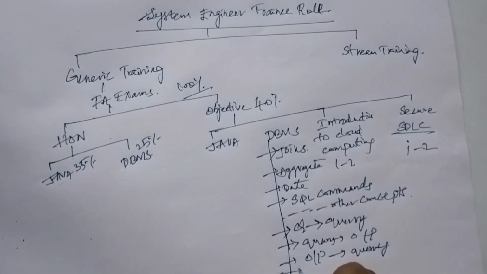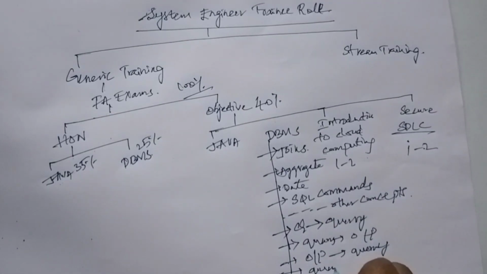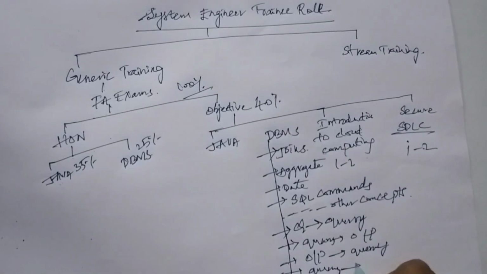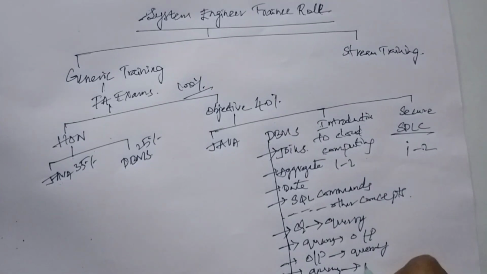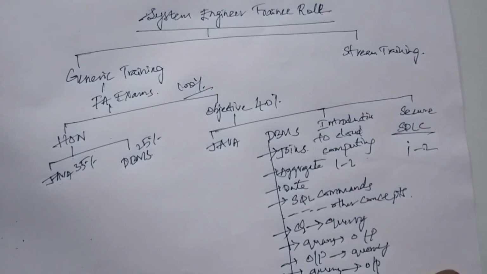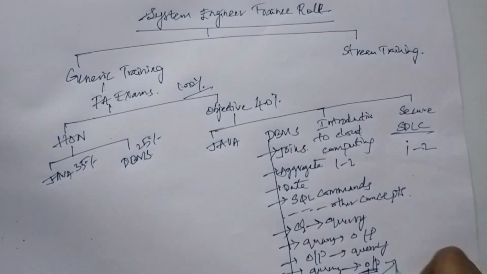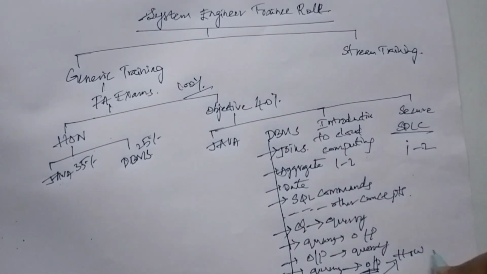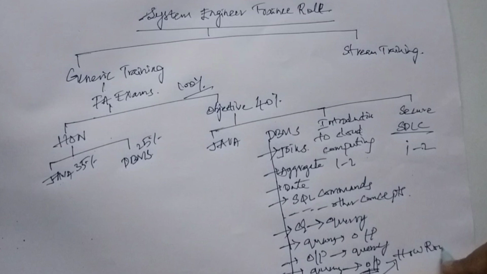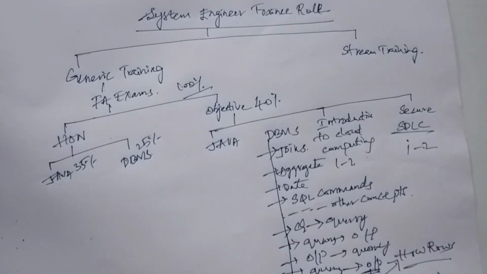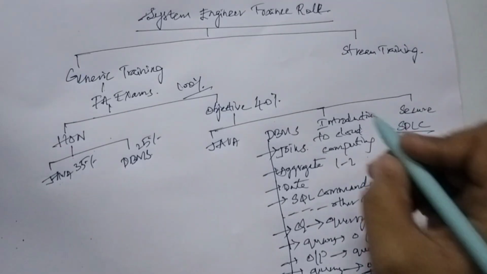Or they can give a query, and when executed, an output will get generated, isn't it? For this output, how many rows get fetched? That type of question can also be asked.